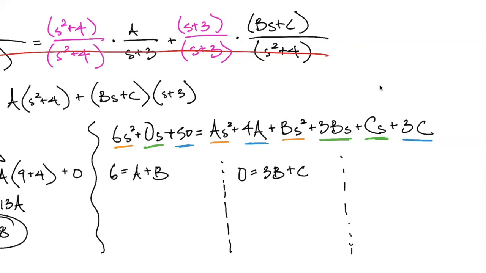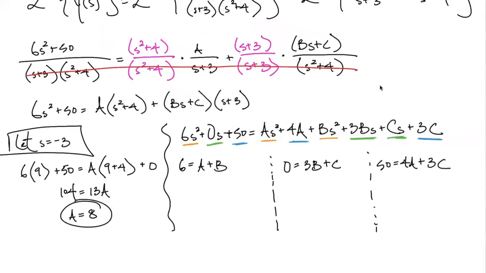And if I collect all the blue ones, I'll get 50 equals 4a plus 3c. Okay. So if you've been wondering how that happens, I hope this makes a little bit more sense to you, that we've got our blue equations here, our green equations here, our orange equations here.